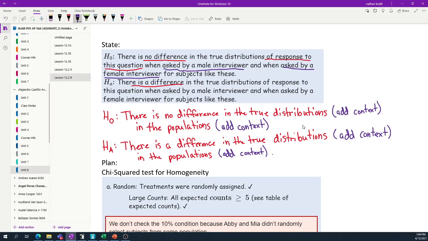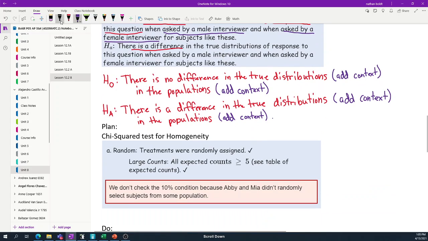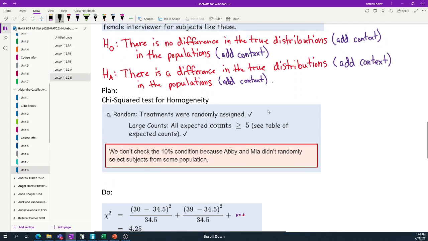Alrighty. So that's one of the biggest differences right there, actually, is just the hypotheses, what we are actually testing. The math is pretty much exactly the same, right? We have a random condition. That's the same as always. We have a large counts condition.